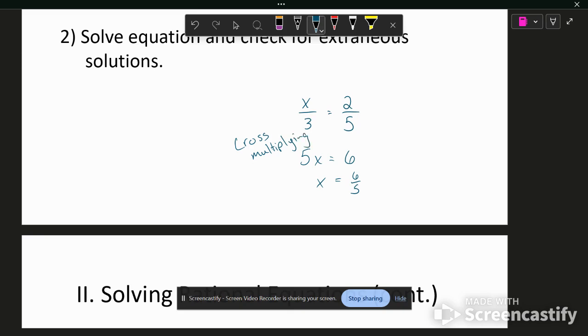I want to show you one more example before we begin, just to kind of refresh your brains. Here's the next example. x over 3 is equal to 5 over 3. How would you solve this?